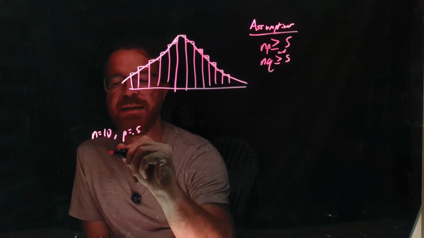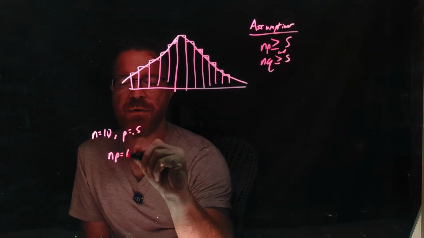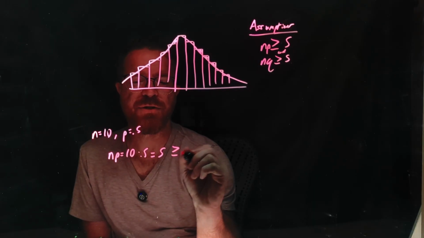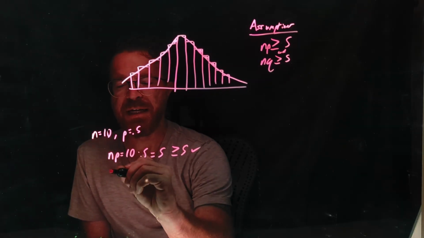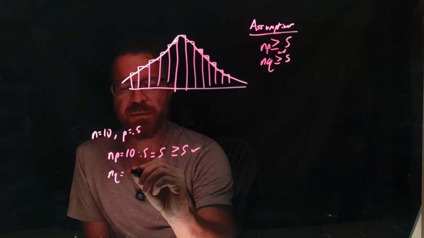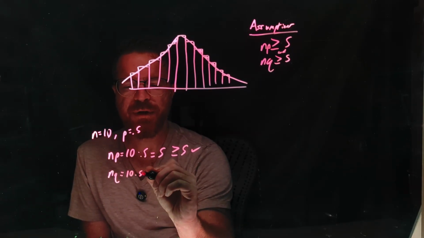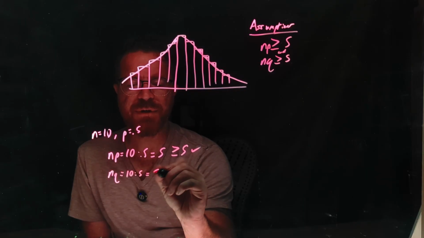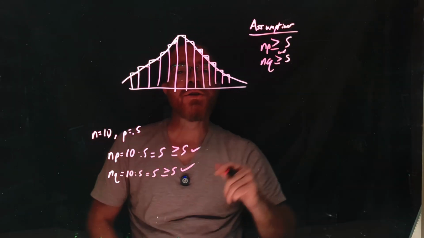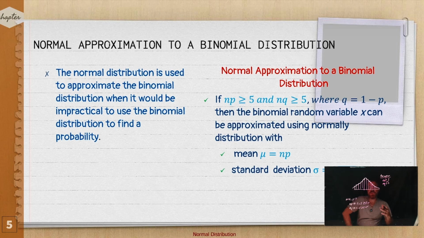If we did our test, np would equal 10 times 0.5 equals 5, which is greater than or equal to 5. And for nq, if p is 0.5, then q is also 0.5, so 10 times 0.5 would also give me 5, which is greater than or equal to 5. Therefore, with p equals 0.5, all we need is a sample size of 10.